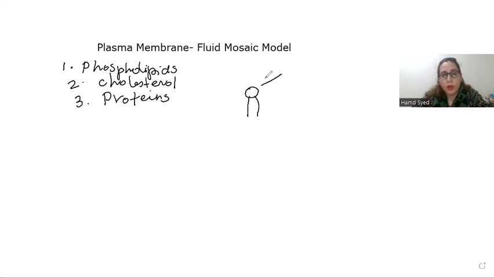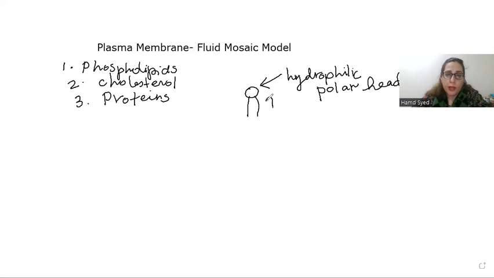So this rounded head that we see is the hydrophilic region of the phospholipid. This hydrophilic region is also called the polar head. It contains a phosphate group, and the word hydrophilic means that it is water attracting.